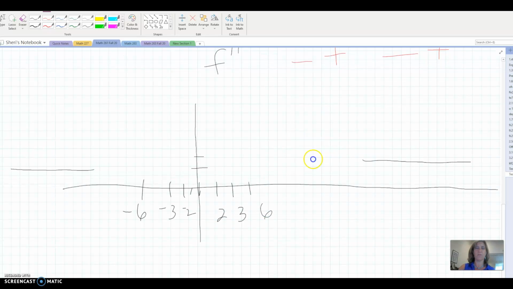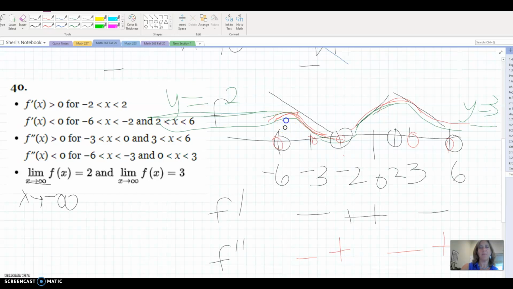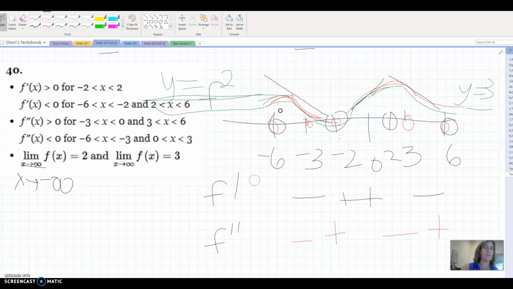So we said that again. Let's review our shape. Our graph is going to come in from 2. And then when it hits -6, it's going to be concave down and decreasing, right? So as we come in from 2 and I hit the point where x is -6, my function should start being concave down and decreasing until we get to 0. At 0, it's going to start to be concave up, right?